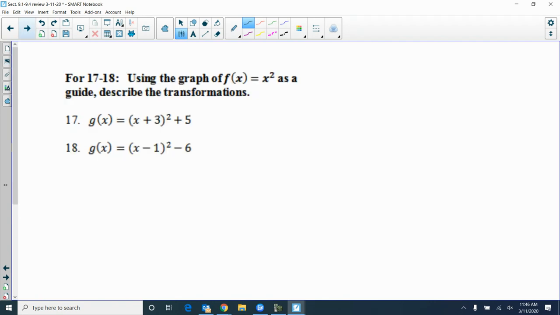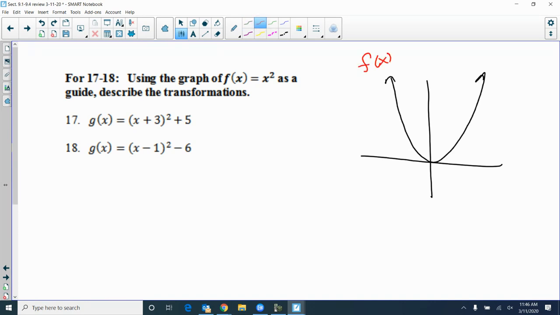And 17 and 18, you just have to tell me which way the graph is moved. So describe the transformation. If you think what X squared looks like, it always hits at 0, 0. So basically we're just figuring out where the vertex is.